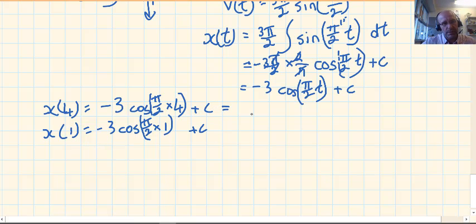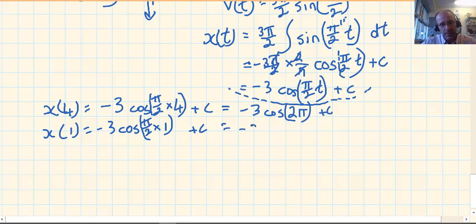Let's simplify these terms first. We have negative 3 cos, and in the brackets that'll simplify to 2 pi, and then we have negative 3 cos pi on 2.